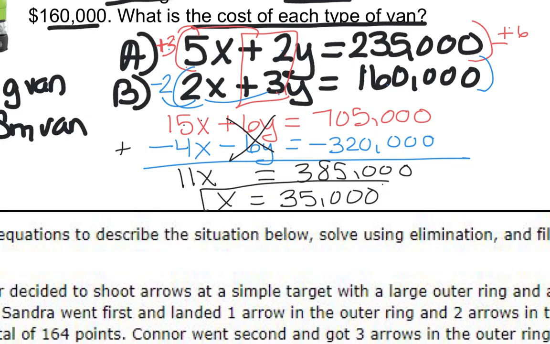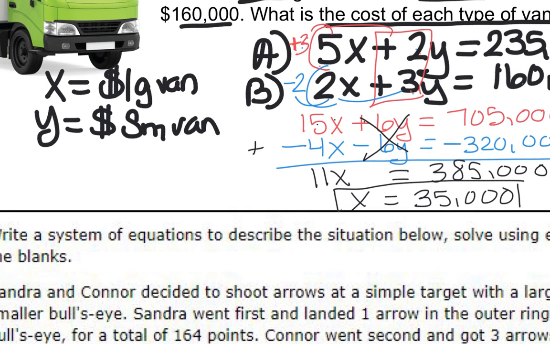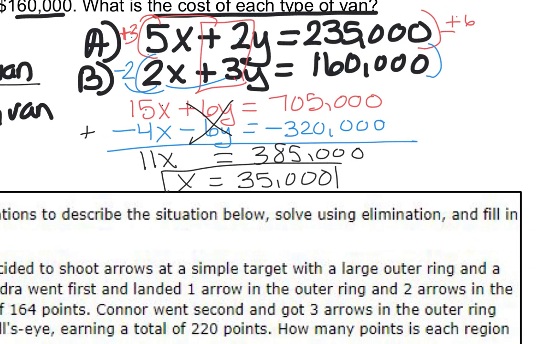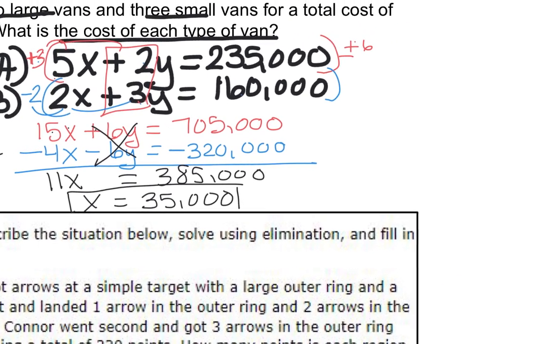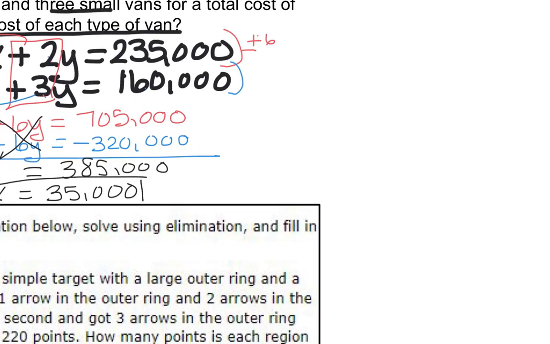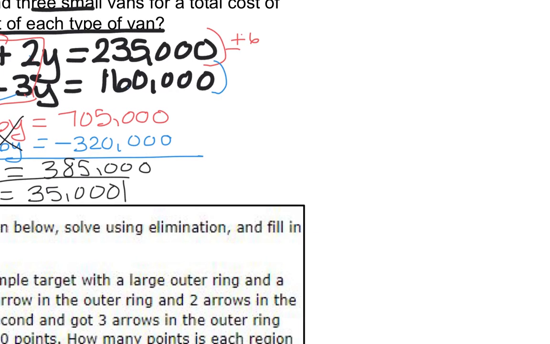So what does that tell me? If x is 35,000, we said that x was the cost of a large fan. Okay? So we know what a large fan costs. Now we just need to substitute x with 35,000 in one of the equations, and we'll be good. We can find out how much a small fan costs.